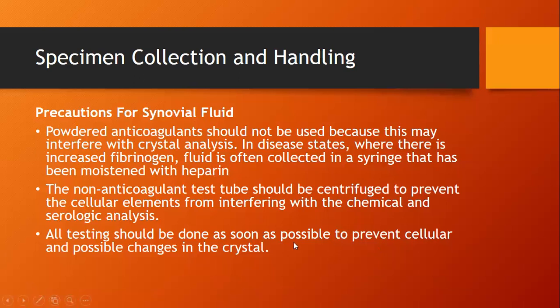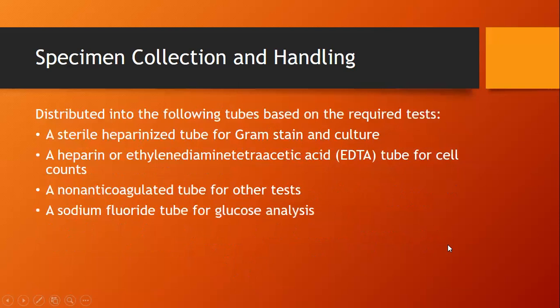And all testing should be done as soon as possible to prevent cellular and possible changes in the crystals, because your cellular elements and crystals might disintegrate if we prolong and do not do the testing or analysis right away.